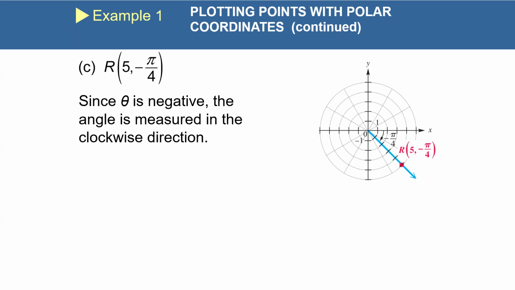This is where negative pi over 4 would be. If r was negative, then it would reflect it to the other side. Make sense? But your theta being negative just means that instead of going in a counterclockwise motion, you're going in a clockwise motion, which just puts us here in quadrant 4.